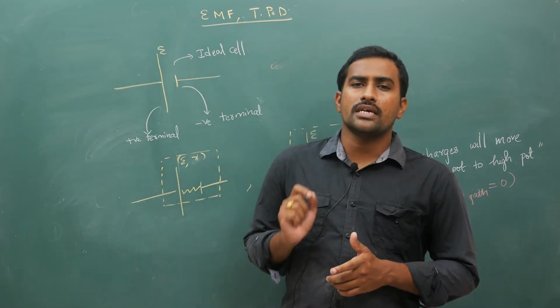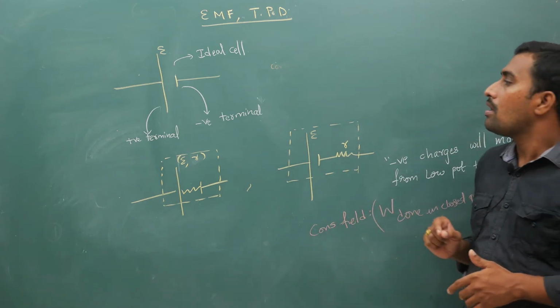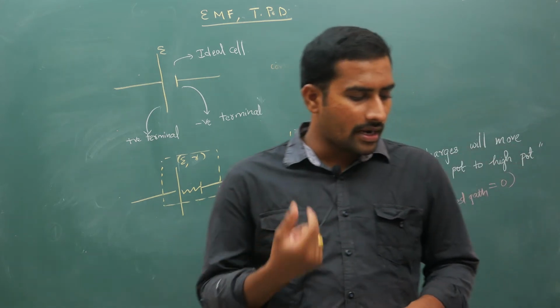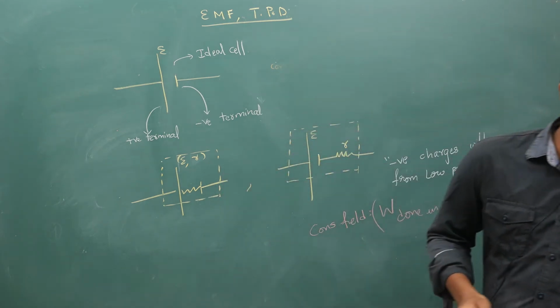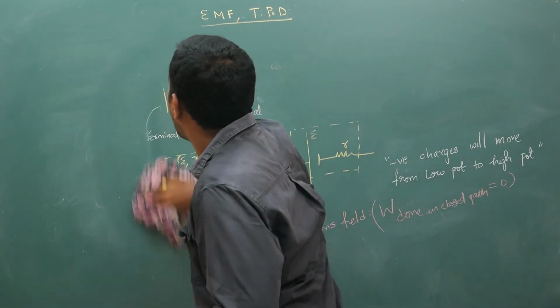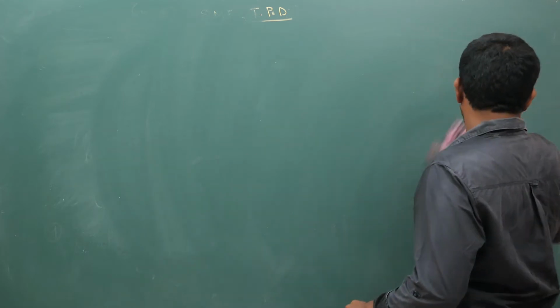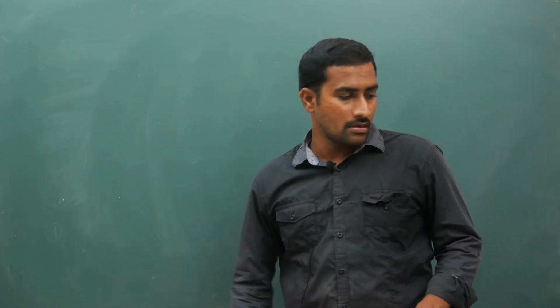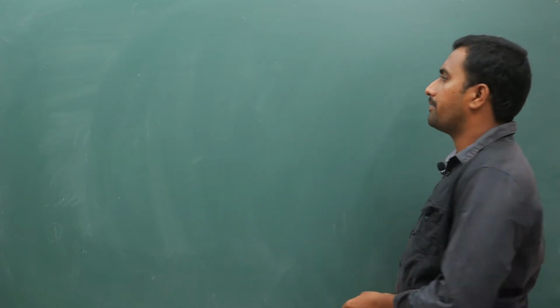Next, if you have a cell, what will happen and how your charges will keep moving, I will erase this and start explaining that part. So hope you have copied it. Now I will start elaborating, observe carefully.